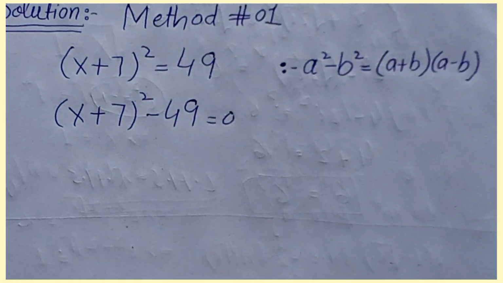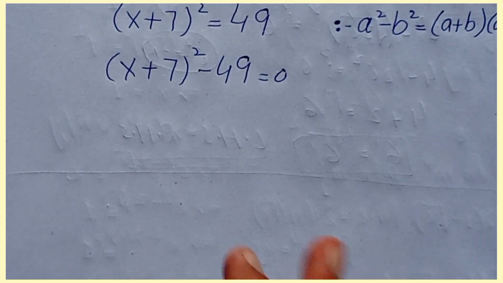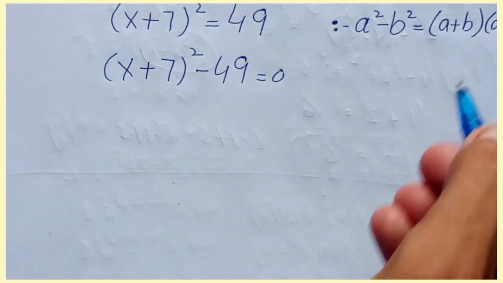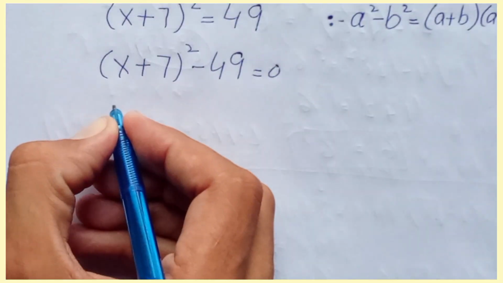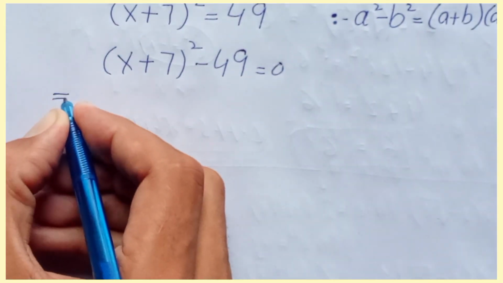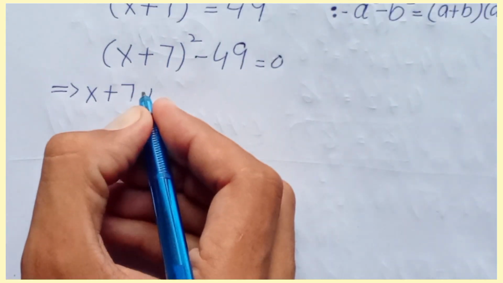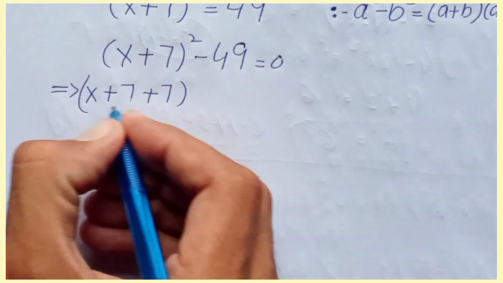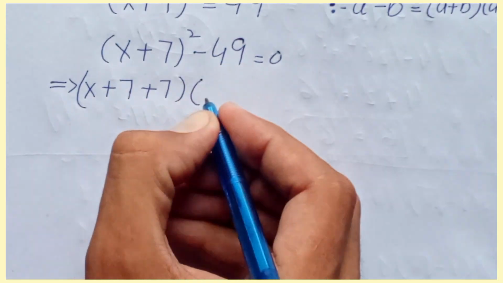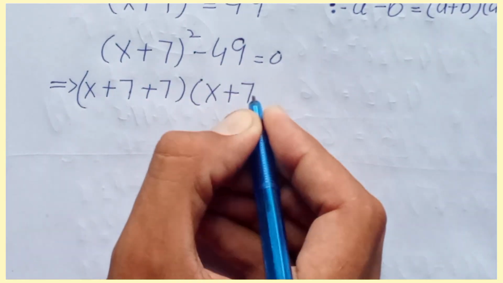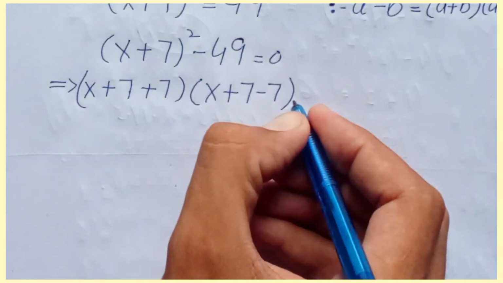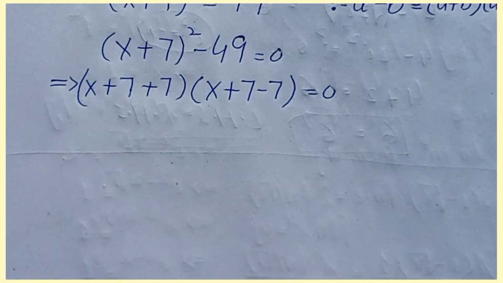Now I solve this according to this formula. So I write here (x plus 7 plus 7) and (x plus 7 minus 7) is equal to 0.